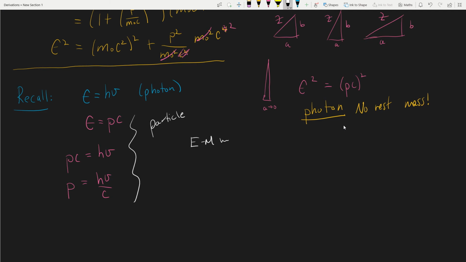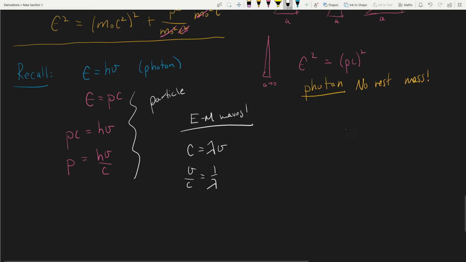We know that light propagates as an electromagnetic wave. We cannot dispute that fact either. So what relation do we have there? We have the speed is equal to the wavelength times nu. Okay, so we can show that nu over c is equal to 1 over the wavelength.